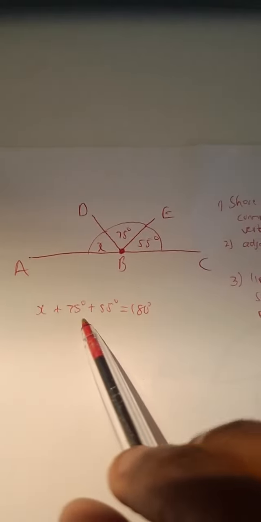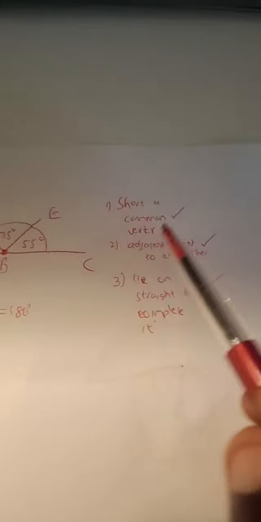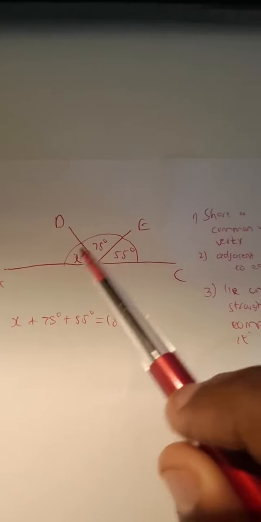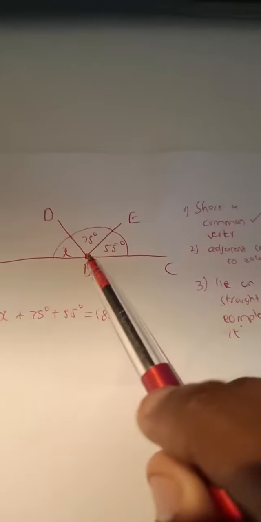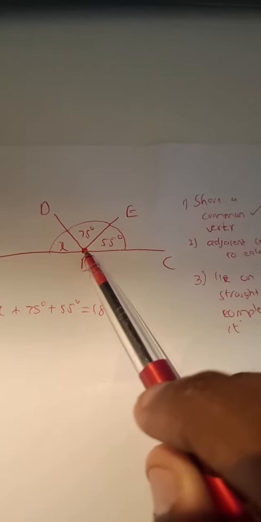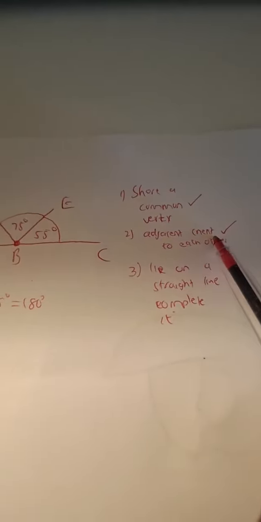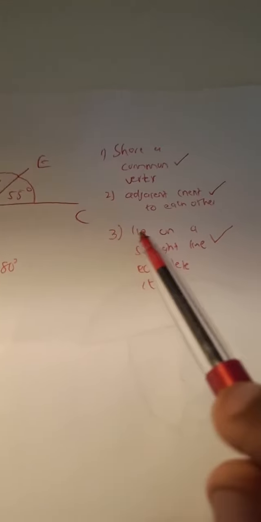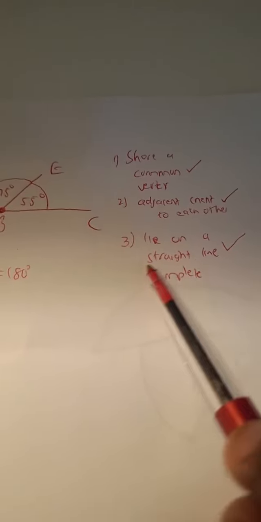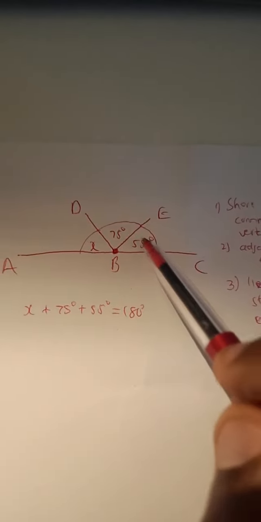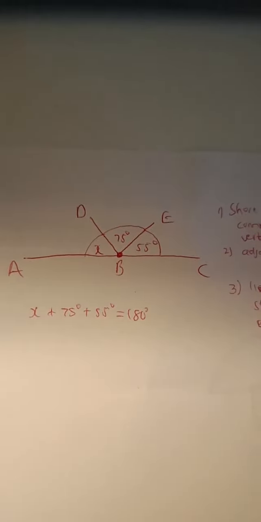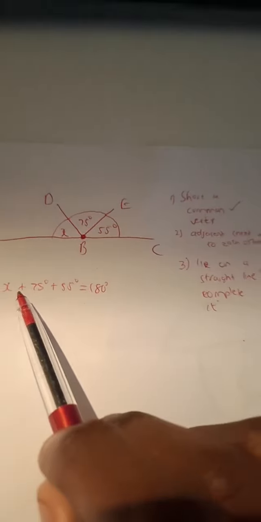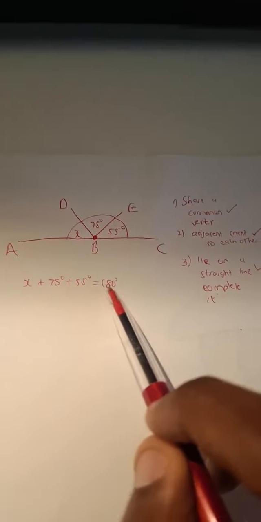That's why we can say this, because one, these angles 55, 75, and X share a common vertex B. Two, they are adjacent, next to each other. Three, they lie on a straight line and complete it. So therefore we can say X plus 75 plus 55 is equal to 180 degrees.